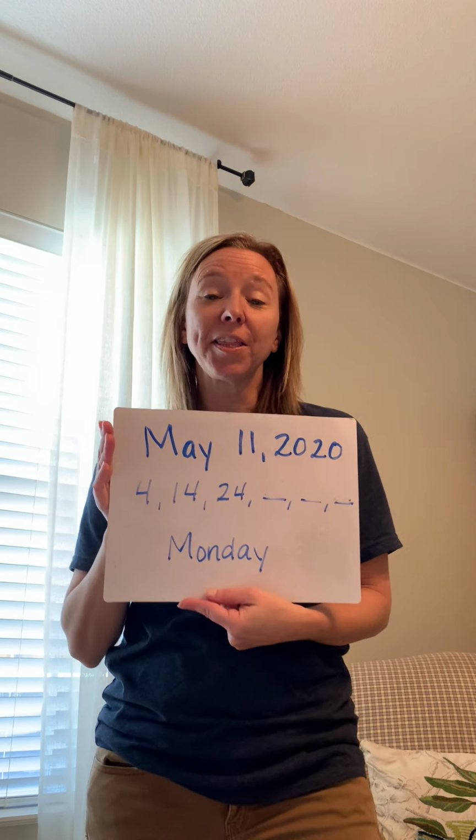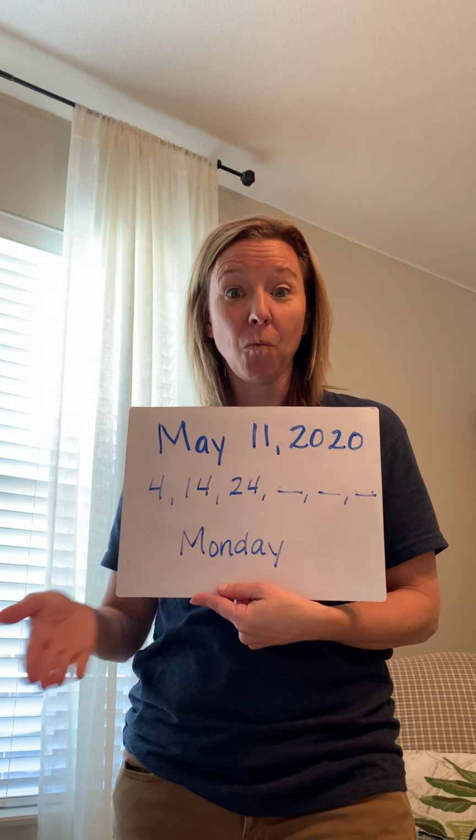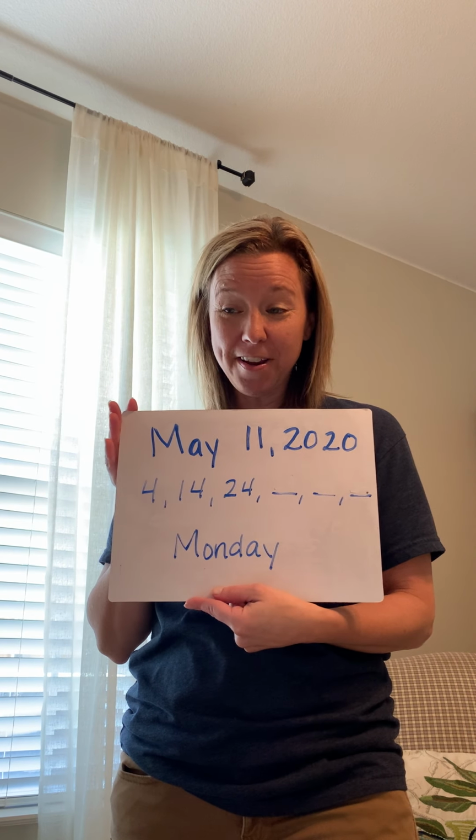Good. Let's go over our number pattern. 4, 14, 24, blank, blank, blank. All right, look at that. Really good. What do you see? What is our pattern? What are we counting by? All right, I'm going to write it down as well, and we'll go over it, okay? Let me get my marker.